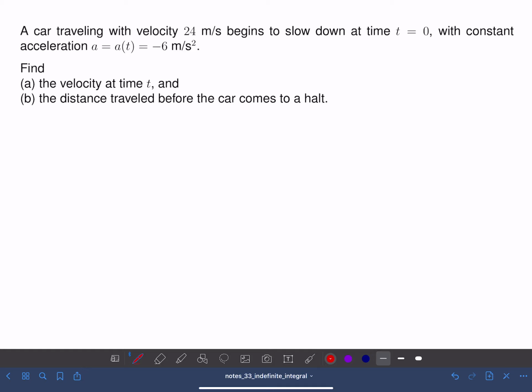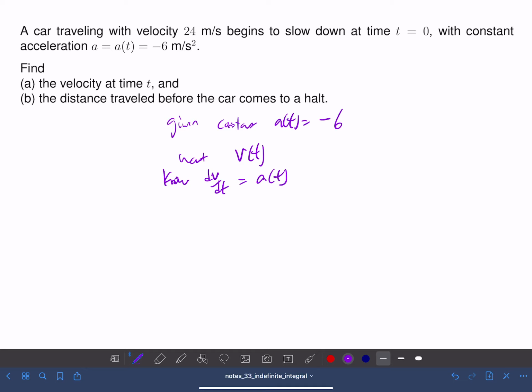Okay. So let's piece out what's going on here. I'm given a constant a of t equals minus 6. I want v of t. And I know that with a derivative applied to it, dv/dt equals a of t, the derivative of velocity is acceleration.